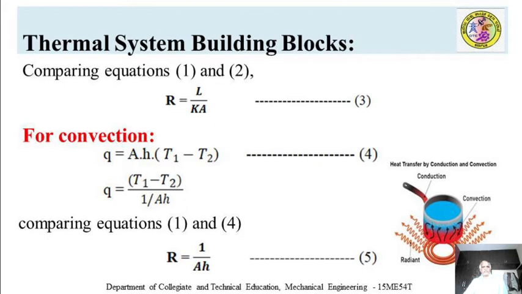Therefore R is equal to 1 by AH in convectional heat transfer, where H is the convectional heat transfer coefficient. For conduction, R equals L by KA, where K is thermal conductivity.